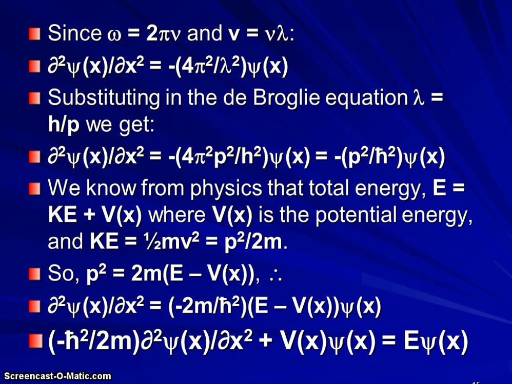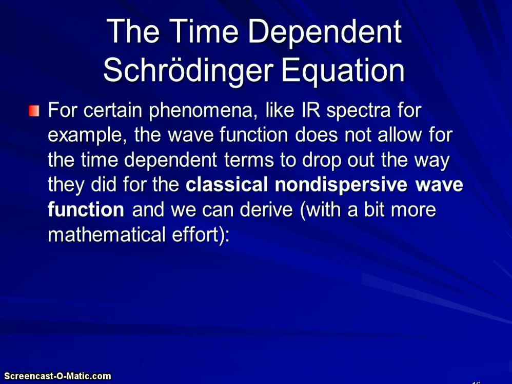Now, he also worked out, and it was a bit more complicated, the time-dependent Schrodinger equation, we'll call it, the time-dependent version of this equation. For example, for certain phenomena like IR spectra and some other things, UV-Vis spectra, the time-dependent terms don't drop out the way they did for the classical non-dispersive wave function.